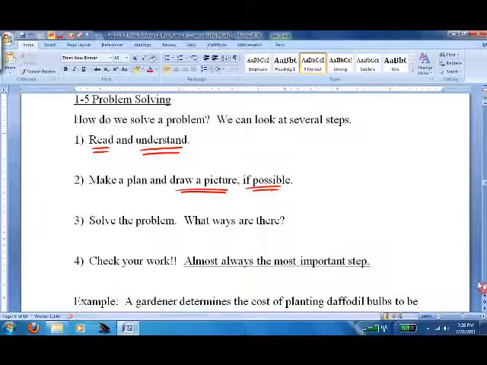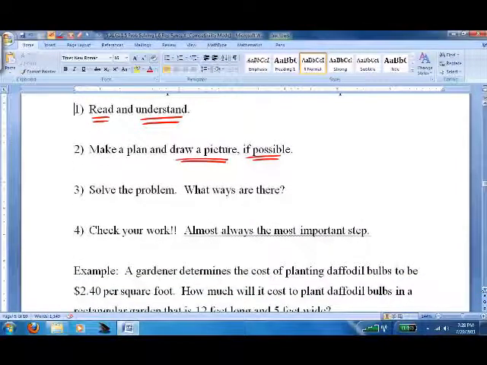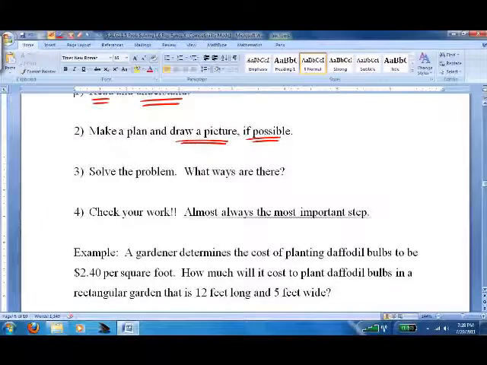Number three, solve the problems. There might be more than one way to do that. However you want to do it, guess and check, trial and error, create an equation and solve it, take an answer, plug it in and see what happens, experiment, whatever it takes. Solve the problem any way you can.